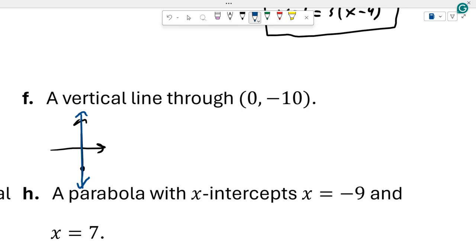What is an equation of the y-axis? Well, notice that on the y-axis, all of your x values are 0. So the equation of this is x equals 0. That's the equation of the y-axis.